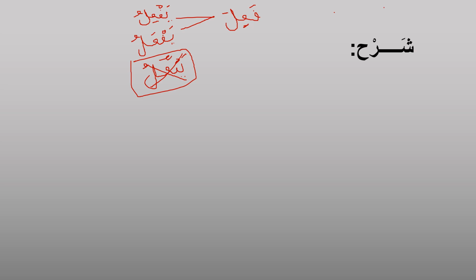And these two possible outcome are yaf'ilu and yaf'alu. So another thing I want to mention: firstly you have to eliminate the outcome of the fa'ila having yaf'ulu in mudoori. This one is not possible.